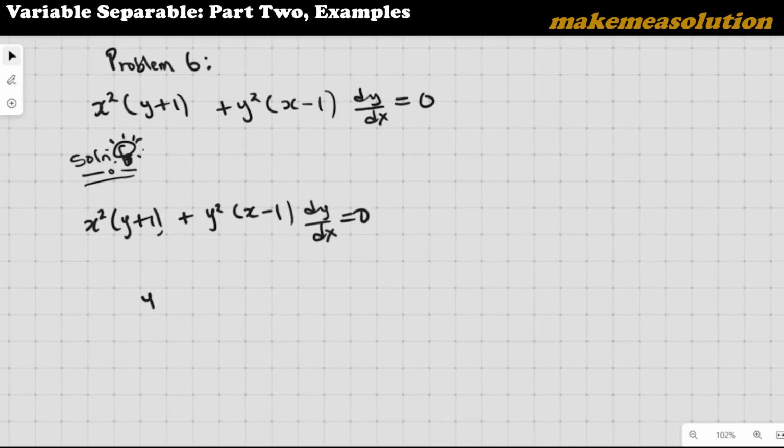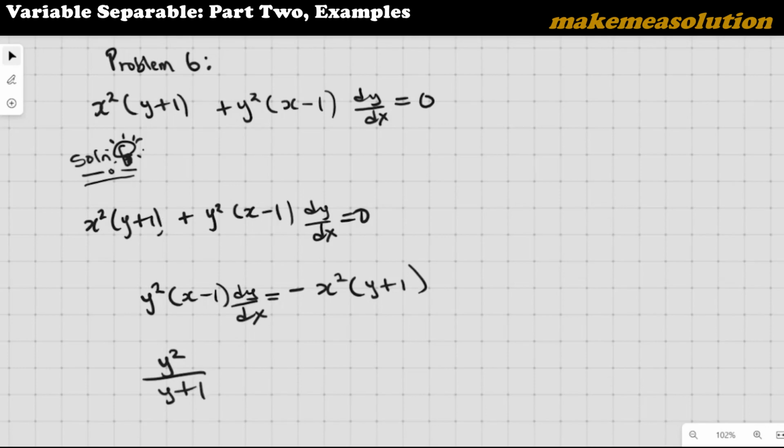So first of all, y squared into x minus 1 dy dx is equal to negative x squared into y plus 1. If you separate the variables, we get y squared over y plus 1 dy is equal to minus x squared over x minus 1 dx, like this.